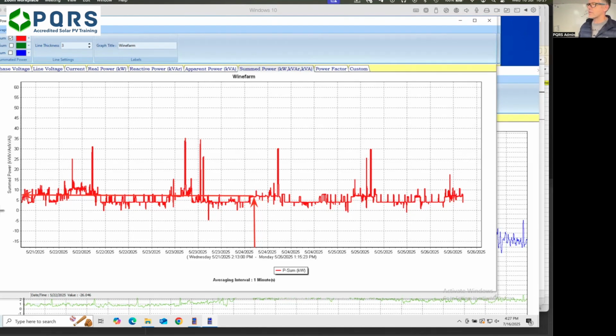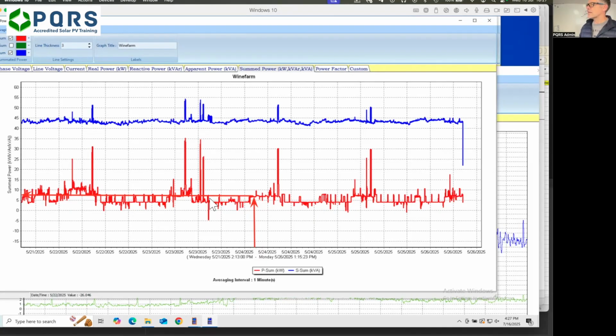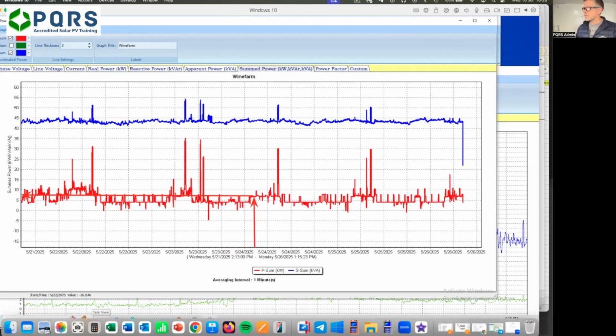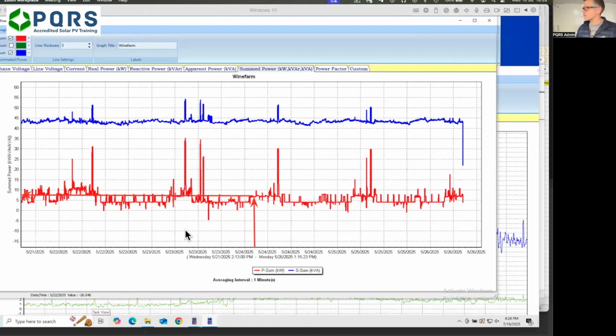If we bring the kVA into the equation, you'll see that now the kilowatts and the kVA is very far removed. So we have the kilowatts at the bottom and the kVA right at the top. Look at the amount of kVA in this particular graph.